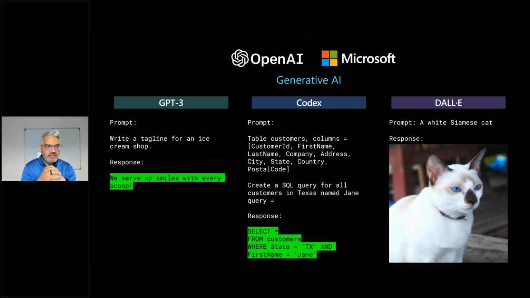You have the GPT model, which GPT-3 is generally available and GPT-4 is being rolled out. But basically what it is all about is that you can give the AI a prompt and it will give you back content. Like write the tagline for an ice cream shop, and the model will go and give you a tagline for an ice cream shop. Or you can say, write me 100 different taglines for an ice cream shop in Johannesburg, and it will go ahead and do that.